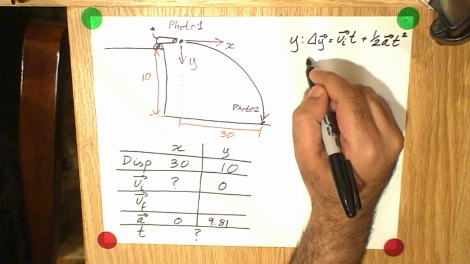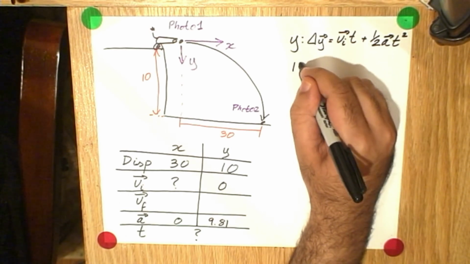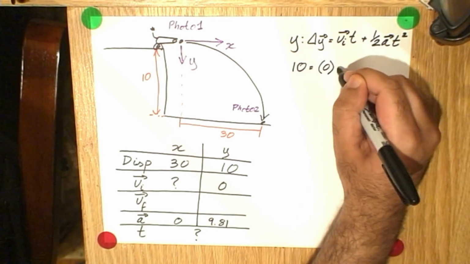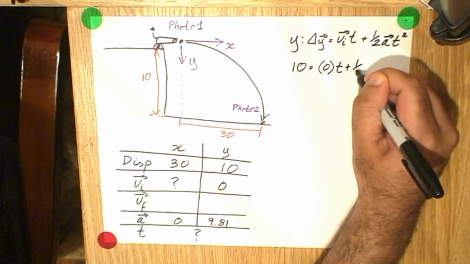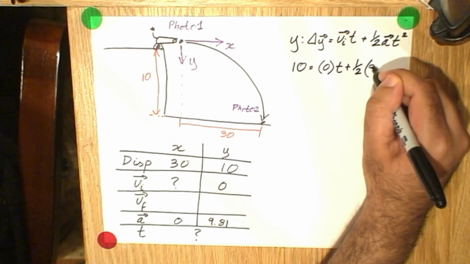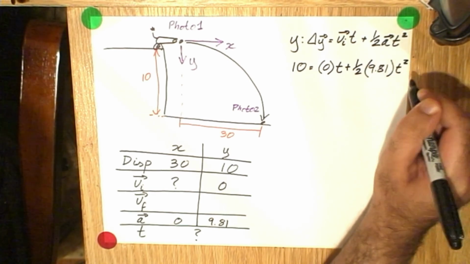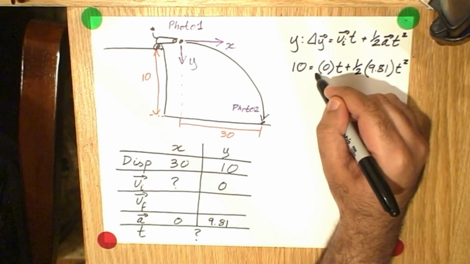So delta y, 10, is equal to v initial times t plus 1/2 times 9.81 times t squared. 0 times t will cancel out.